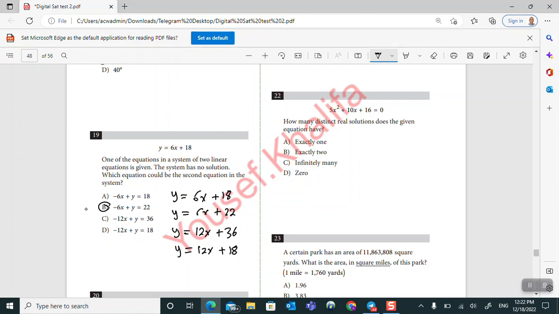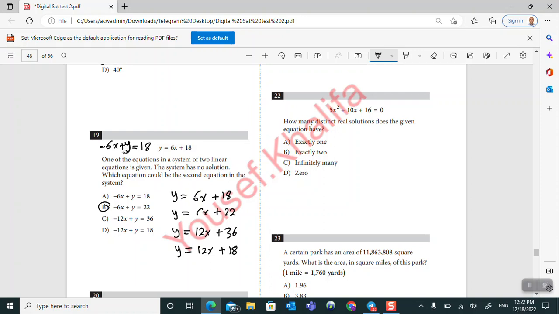A different way is that, notice that all the ones in the choices are written in the form of AX plus BY equals C. So you can just shift this one and write it in the same form as the one in the choices in order to apply the formula I will be mentioning right now.